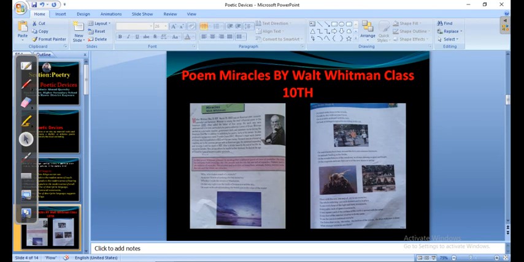What the poet wants to convey is that he wants to touch our senses. The city touches the sense of sight when he says that when I walk through the streets of Manhattan, it's a miracle. Why is it a miracle? He says that I feel something that I own, because this city belongs to me, and it is a miracle that I am walking through these streets, or riding a car.